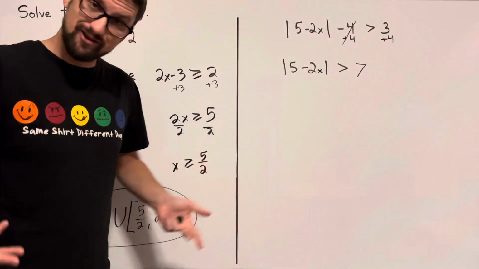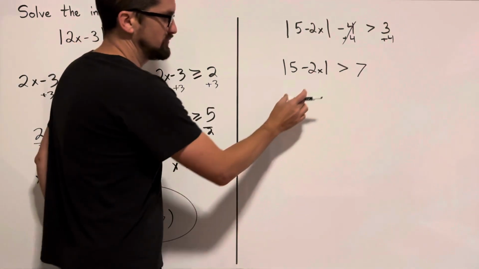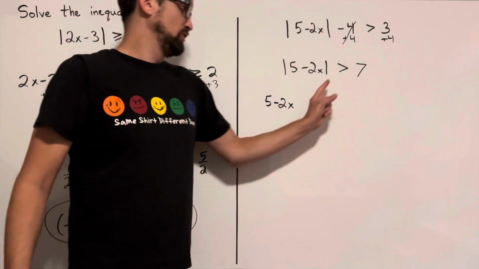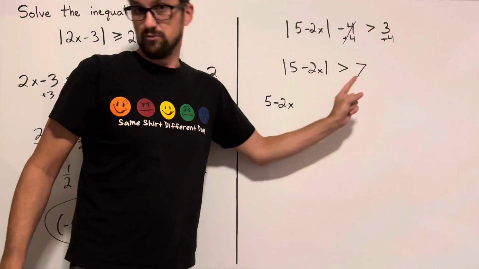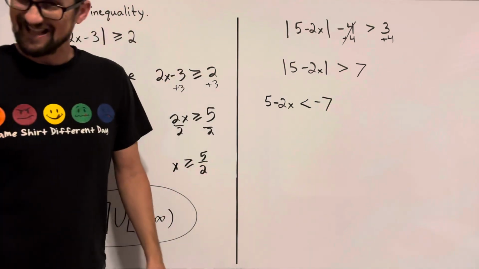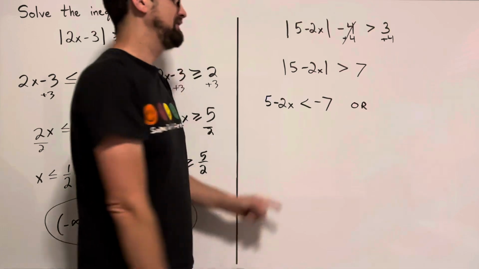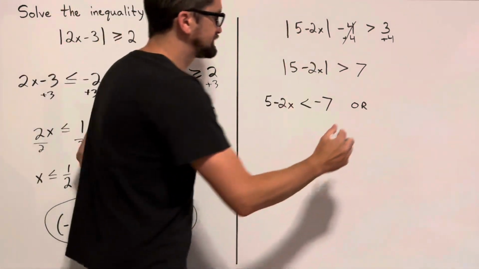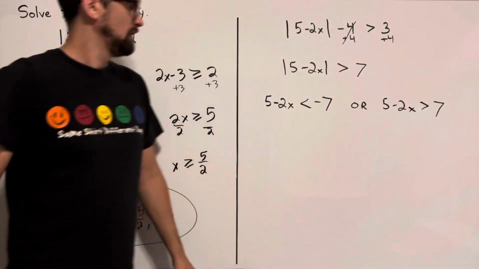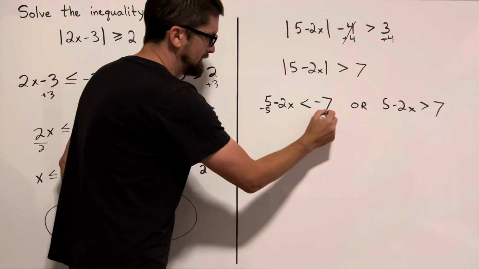Since we have a greater than sign, we're going to split it into two inequalities again. For the first one, we're going to take the inside piece, reverse the sign around, and make this number negative. So it's going to be less than -7. Or we can have the inside just being greater than 7. We're going to solve each of these now. We're going to subtract 5 on both sides.